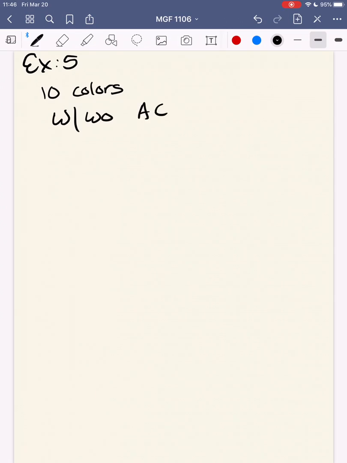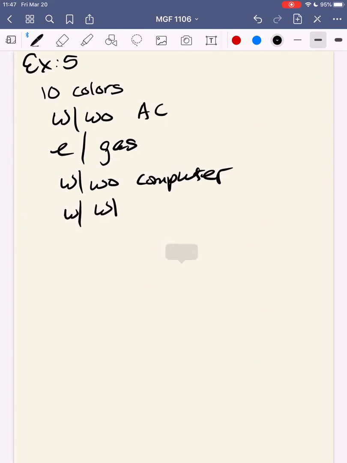In Florida, we aren't going without air conditioning. Electric or gas powered, and with or without an onboard computer. This car is also available with or without a GPS. How many ways can this car be ordered in terms of these options?